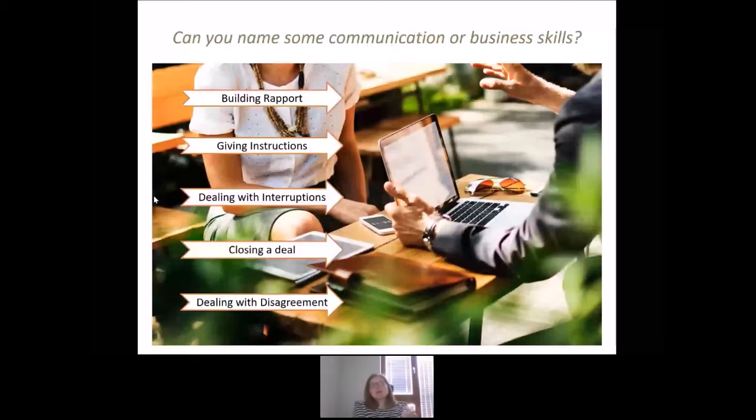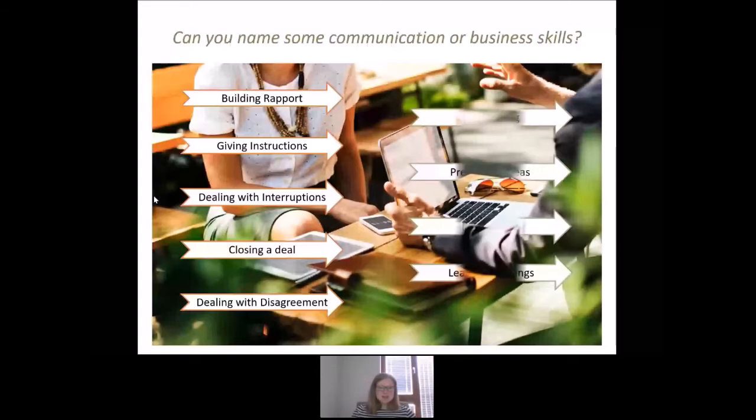So I listed here some. So these are the business skills that appear in the Business Partner book, some examples of them. So we have here building rapport, giving instructions, dealing with interruptions, closing a deal, dealing with disagreement, dealing with complaints, definitely working in customer service almost every day.